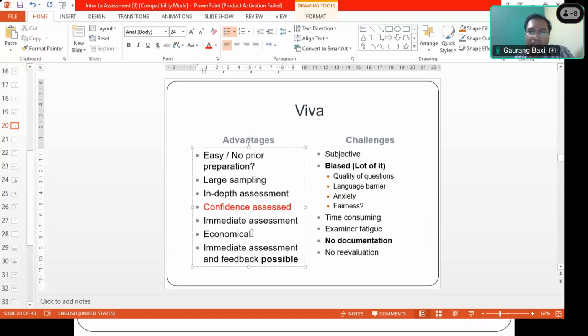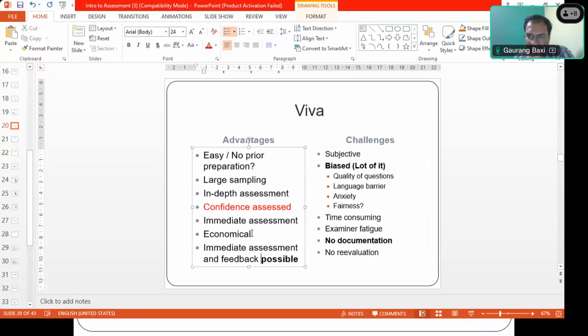Another area where vivas can be useful is for the borderline students. Okay, so that's a student who has got say 49 marks. Does he really deserve to fail? Or the student who has got 51 marks, does that student really deserve to pass? So that is one area for the borderline students where vivas can help us as examiners take that decision.